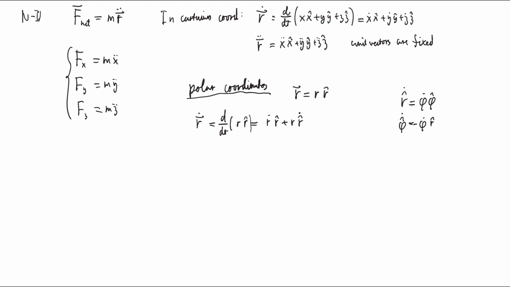So that means that this velocity here, if we write it out, becomes equal to r dot r hat plus r phi dot phi hat. And we can calculate then the acceleration in the same way.